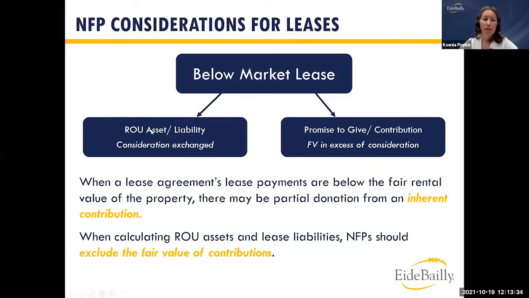So you could see here that when the lease agreement's lease payments are below the fair rental value of the property, there may be a partial donation, an inherent contribution. So always be on the lookout for leases where a donor may provide that inherent contribution and the organization is actually paying a consideration that is much below the market value.